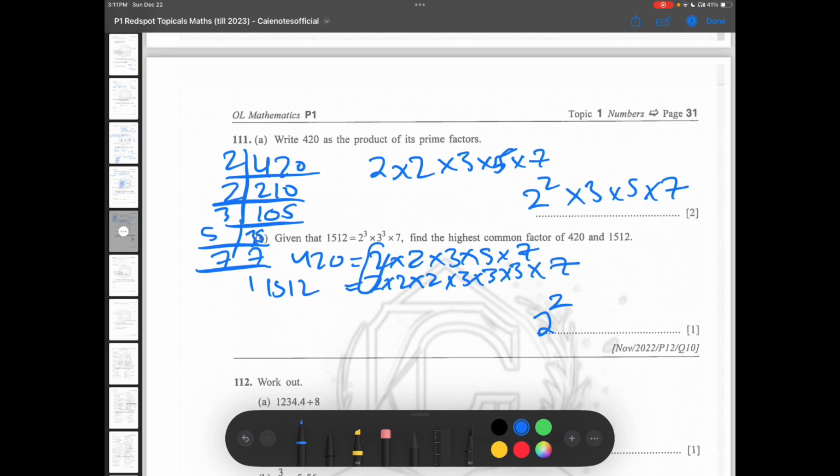So this 2 square is common, right? And then the other thing we see common is only one 3. Multiply by 3. And there is one more common, which is 7. Multiply by 7 as well. So 2 square is 4. 4 multiplied by 3 is 12. And 12 multiplied by 7 is 84.